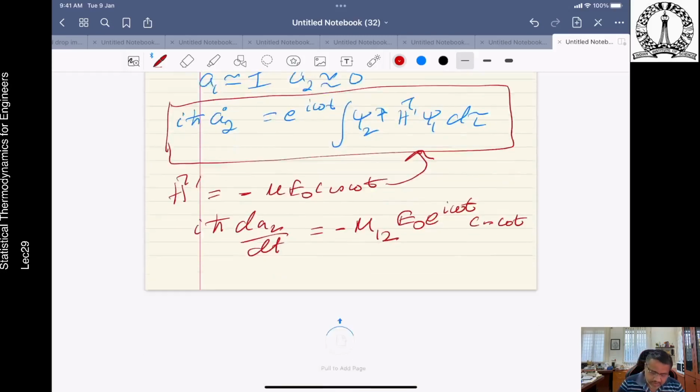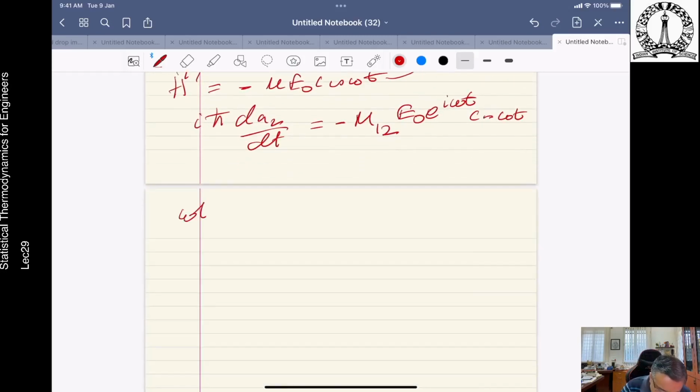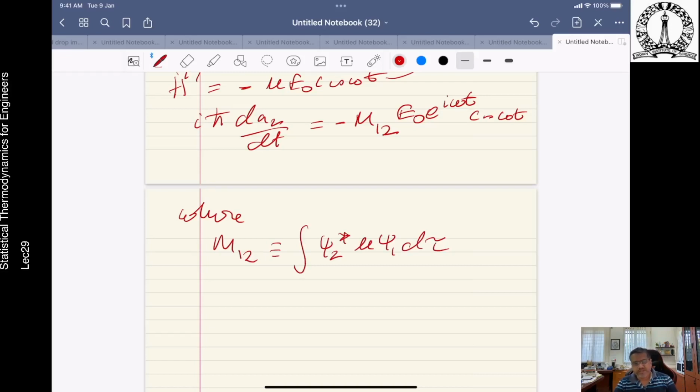And what is M12? M12 is equal to the integral of chi2 star mu chi1 d tau. This is called the transition dipole moment.